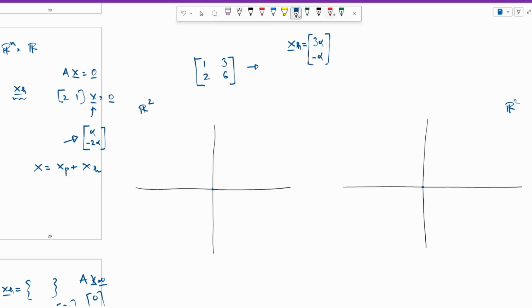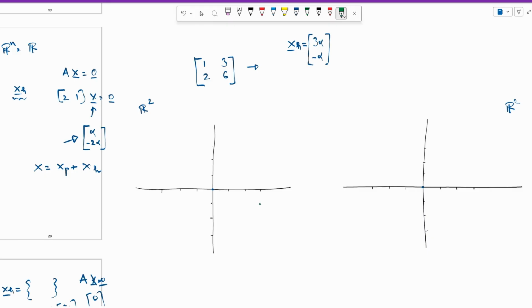So what would that correspond to here? If I were to ask you to plot this subspace, this is a subspace. Can you plot that subspace here? Let's say this is 1, 2, 3. 3, minus 1.